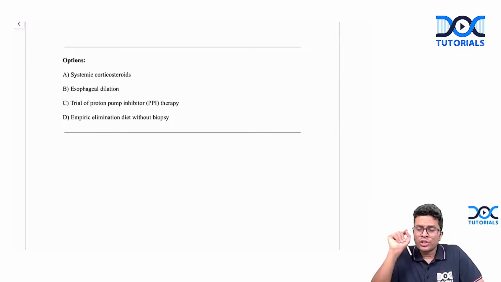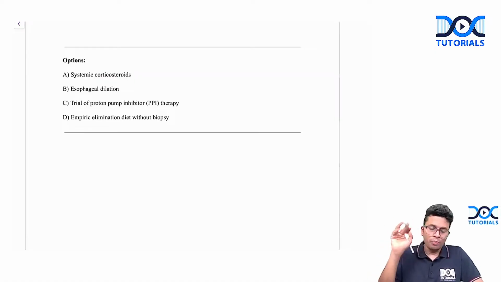So the first-line treatment would be a PPI. However, the recent 2025 ACG guidelines say you can decide based on a multidisciplinary decision whether to give a trial of PPI, start systemic corticosteroids, or use an empirical elimination diet.